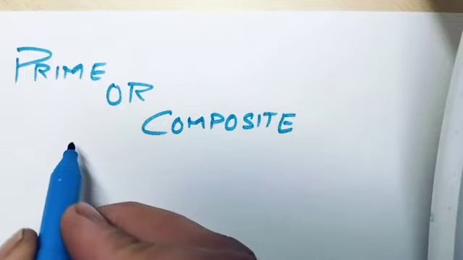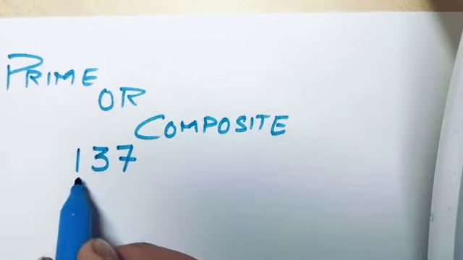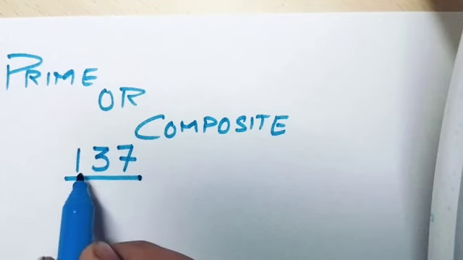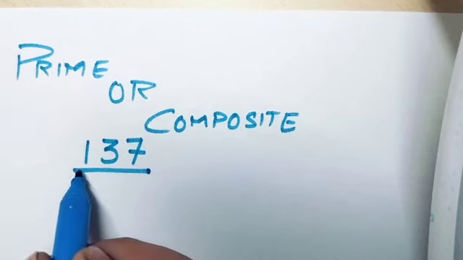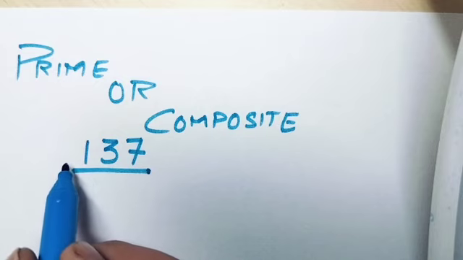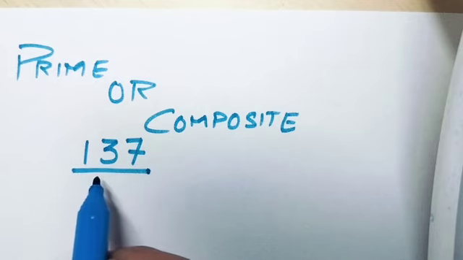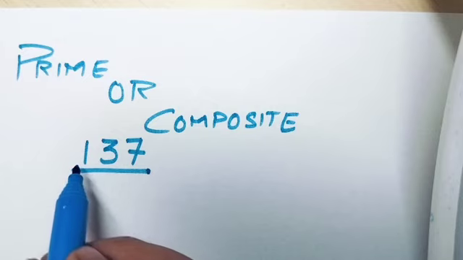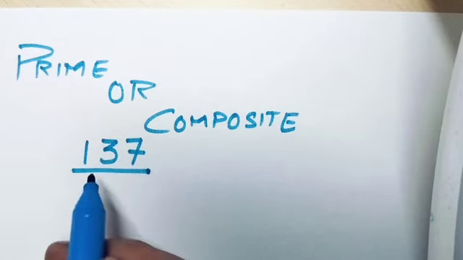Okay, so let's take an example of number 137. If we have to find out whether it is prime or not, we have to see whether we can break it down further into prime components or not. That means, does it come in the table of any primes or not?